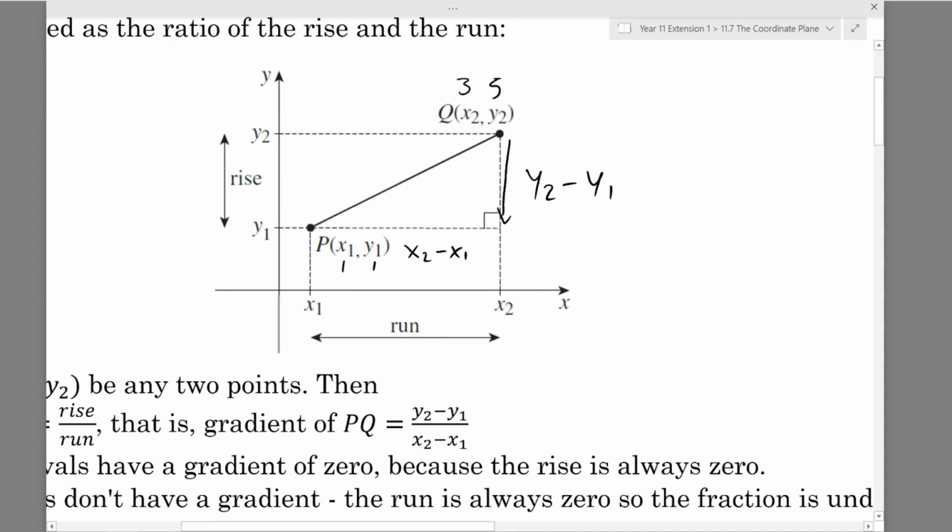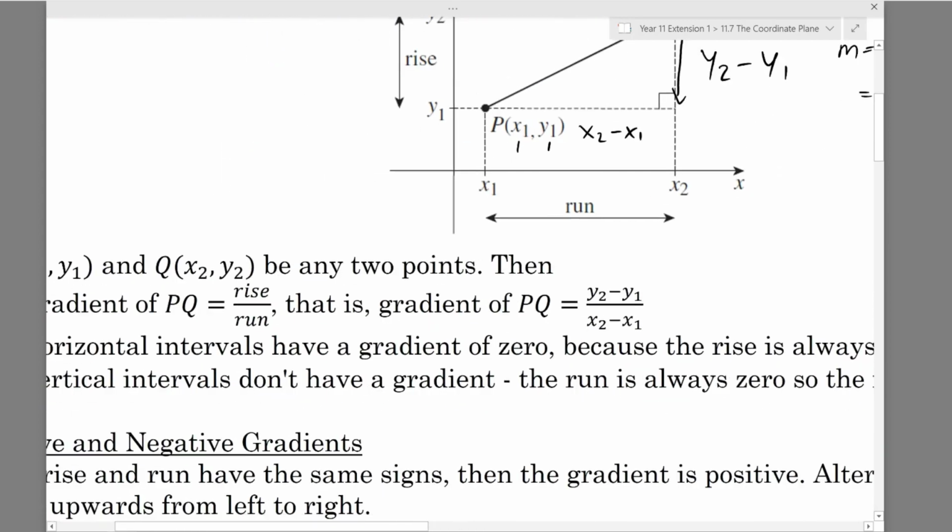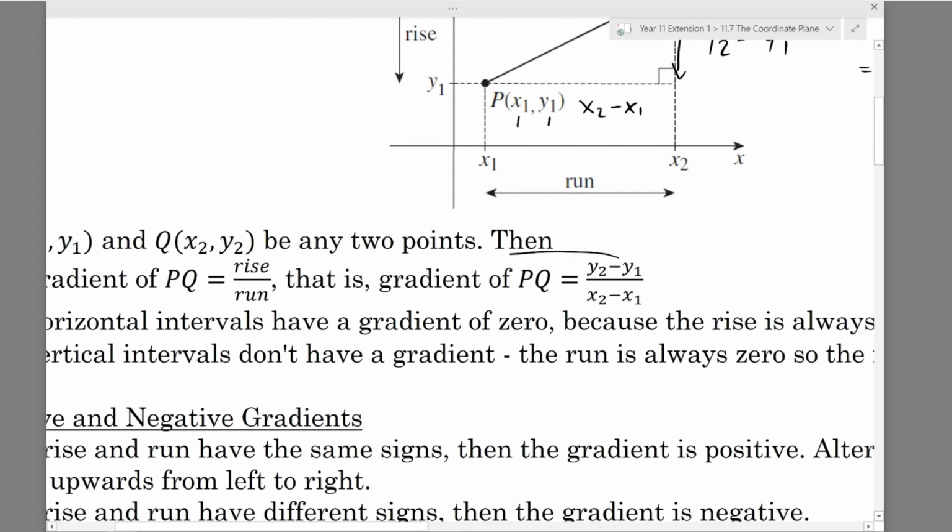So using our formula, m is equal to rise over run, the one we've learned about since year 8, we can replace our rise with the difference of our two y's over our run, which is the difference of our two x's. And that gives us this formula down here, which is m of PQ is equal to y2 minus y1 over x2 minus x1.